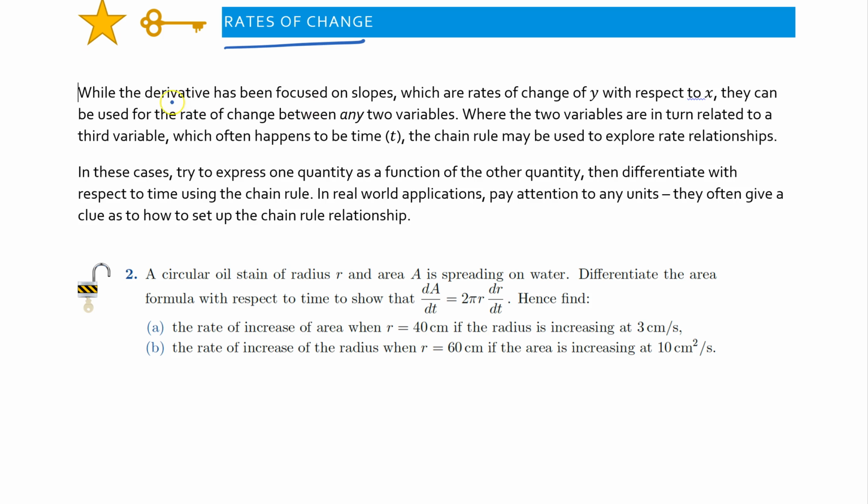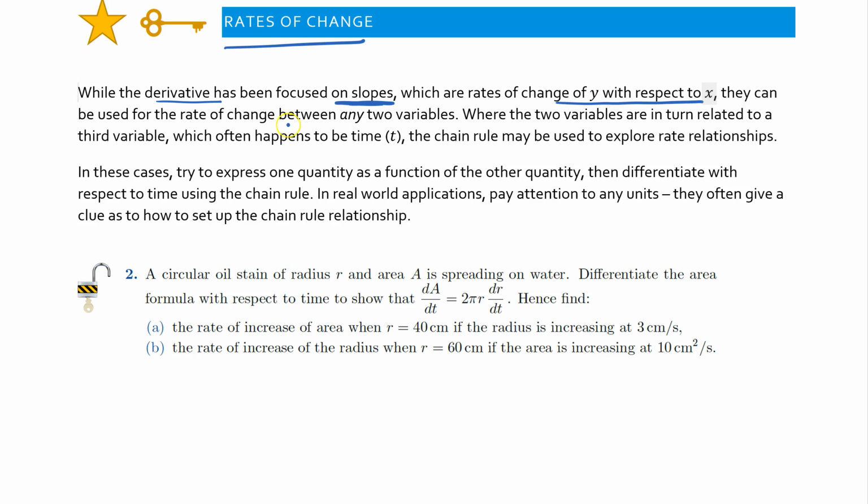And it's all based on the fact that while we've talked about the derivative and it's been focused for us so far on slopes, we have to remember that a slope is really just a rate of change of y with respect to x. Because that's what gradient is: change in y, y2 minus y1, over change in x, x2 minus x1.